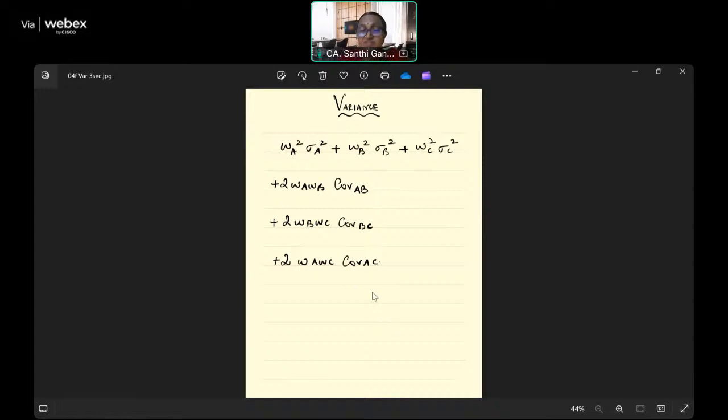So this is the advantage of using the other formula. We don't have to take sigma A, sigma B correlation AB. Instead, straight away, we can look at the covariance. So now this is done. Let us try the problem.